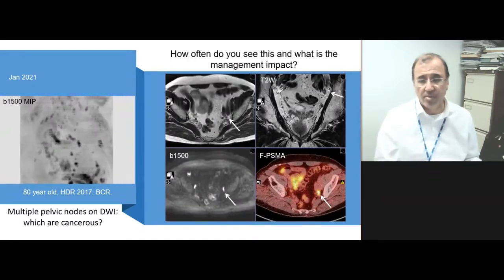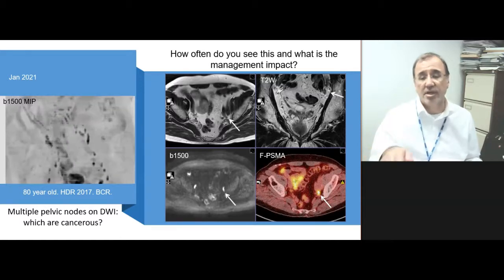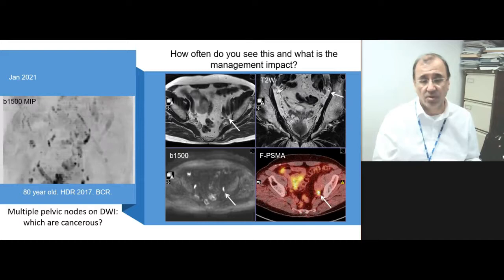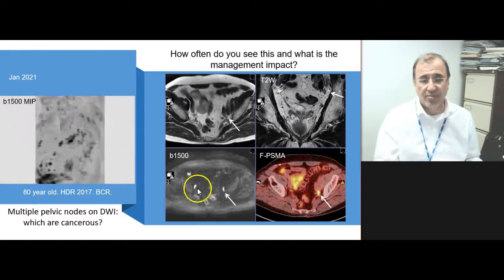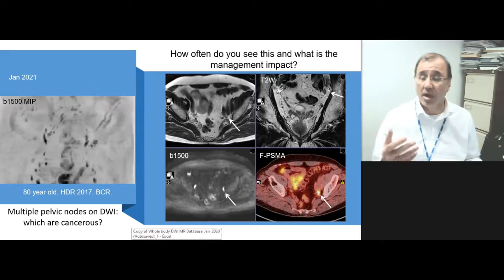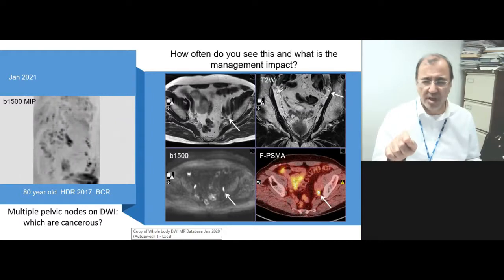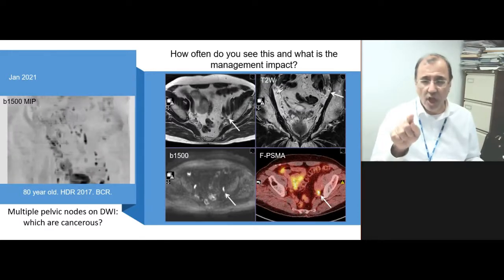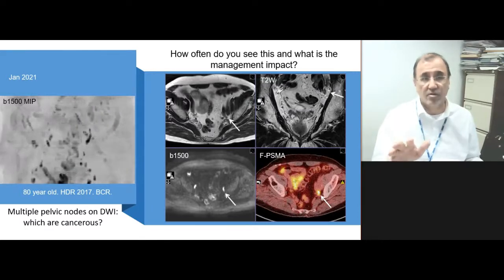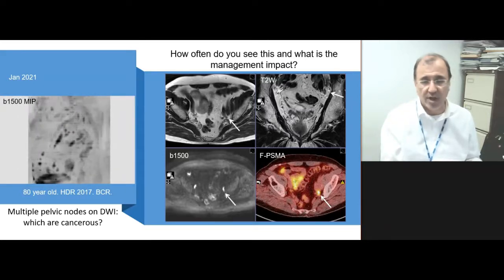So, for example, here's a man in whom there's a single focal lesion, this time in the left pelvic side wall, and all the other pelvic lymph nodes that you can see on this diffusion sequence, for example, are PSMA negative. But how confident are we that that is the only lymph node involved and should be treated with CyberKnife or focal radiotherapy?